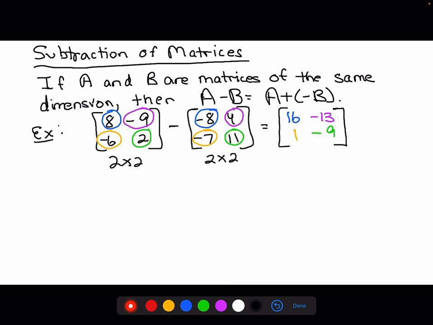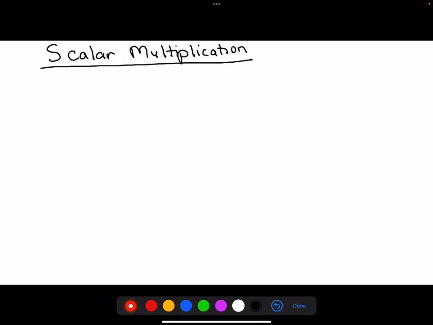All right. Let's next look at scalar multiplication. So a scalar is just some number. It's not a matrix. It's some number outside of a matrix.